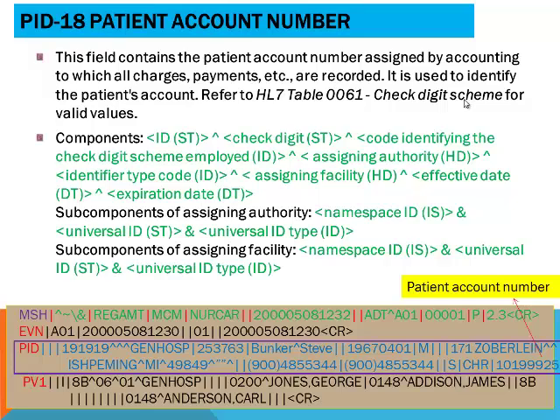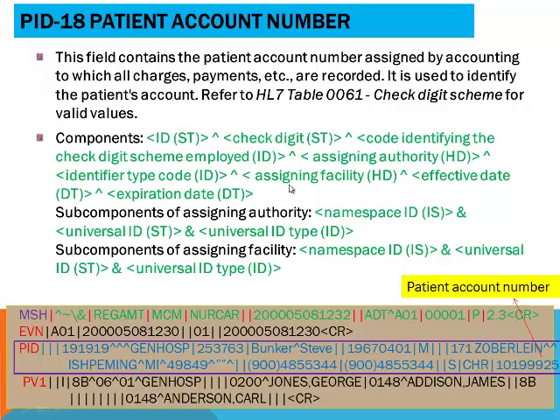In fact, the grammar is shown here. Also, there are several components. The most important seems to be the check digit scheme, because if you have some check digit here, this also shows table 0061. I think we already showed this table in previous slides.